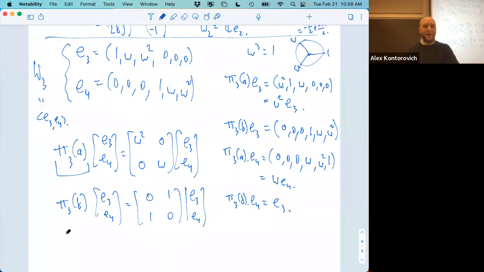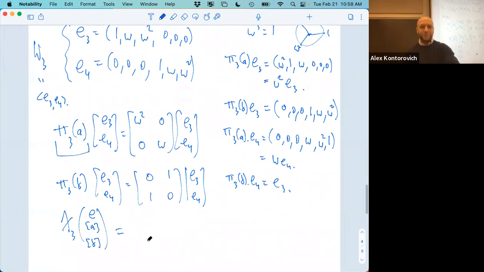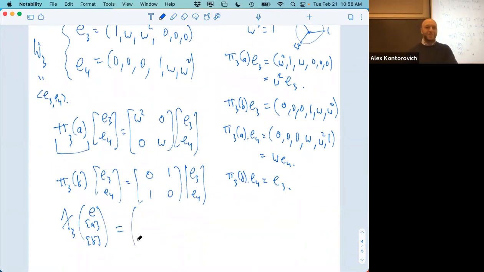And now we can work out the character. So chi 3 on the class of A, or on the class of B, or on the class of E takes what values? On the identity, it's the dimension. It's not 1, it's the dimension, right? On the identity, it's just 1, 1 on the diagonal. The identity element doesn't do anything. It leaves alone E3 and leaves alone E4.